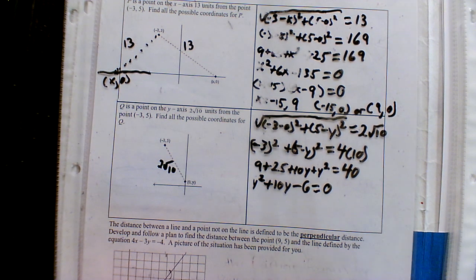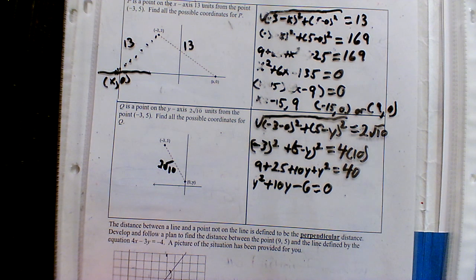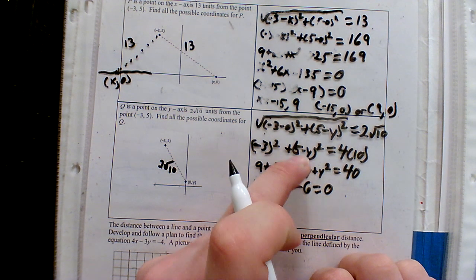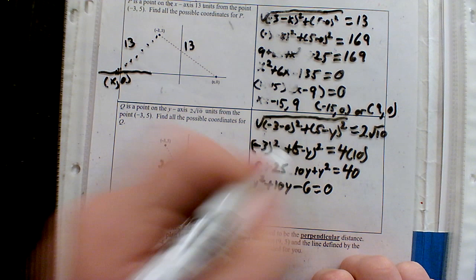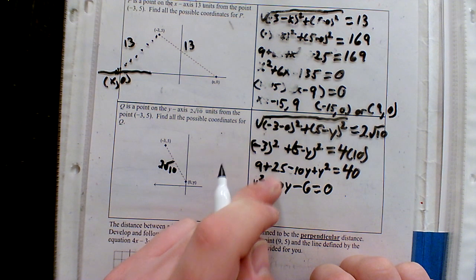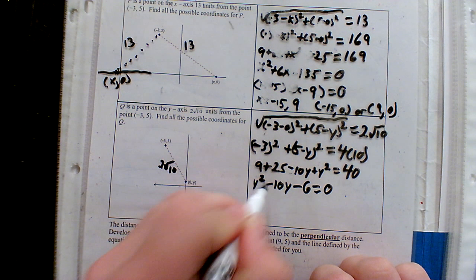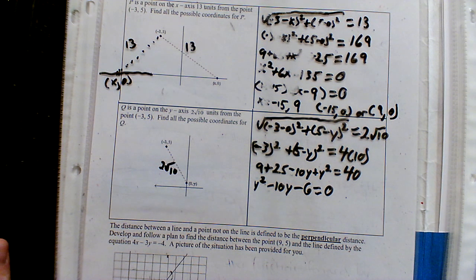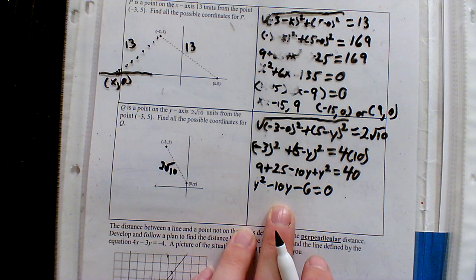So you get minus 10y. Is that what everybody else got too? Minus 10y. Okay. Minus 10y. Was everybody the same up to this point? Okay.